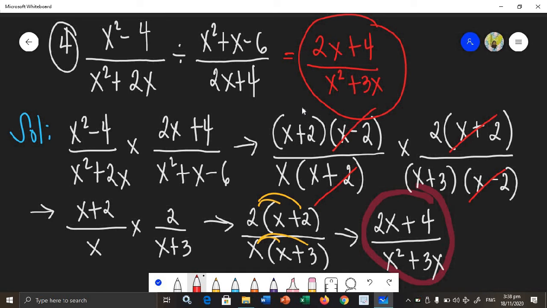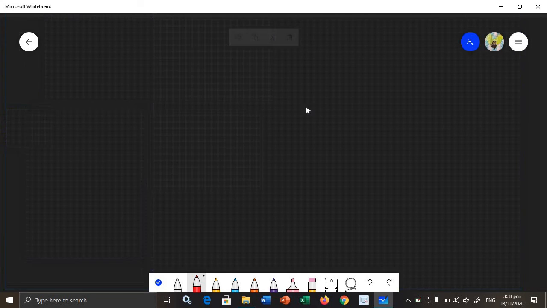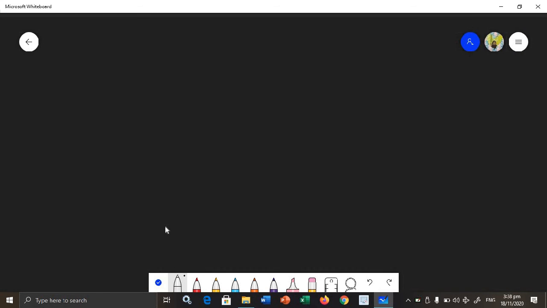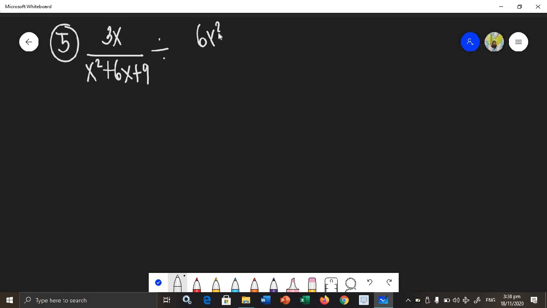So let's have the last example. Let's say we have example number 5, and I have 3x over x squared plus 6x plus 9, divided by 6x squared over x squared plus 3x.